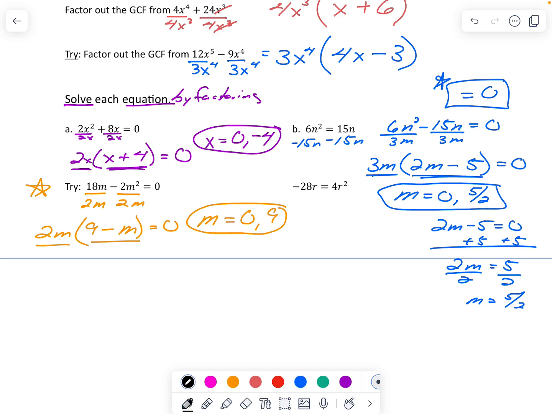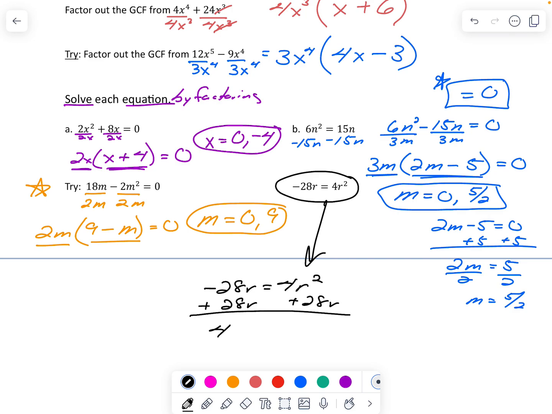Now, my last problem, this one right here, we're going to move it down here. Negative 28r equals 4r squared. So I'm going to move this over to the other side. So I have my first term still positive, 4r squared plus 28r is equal to 0.